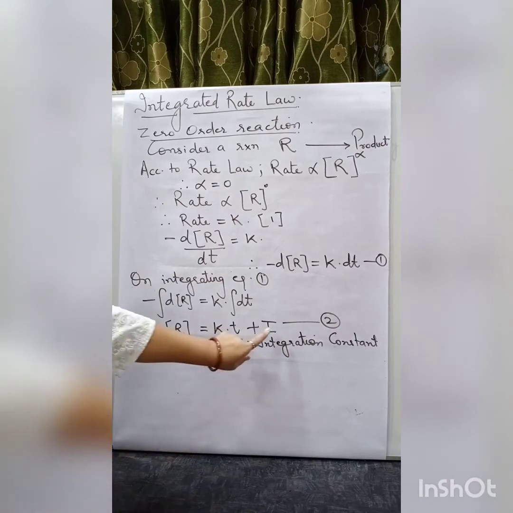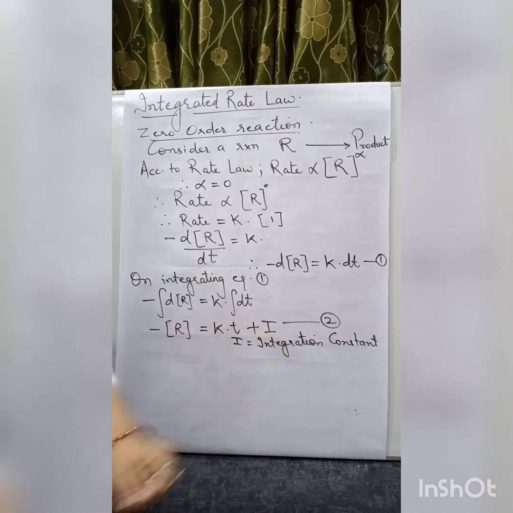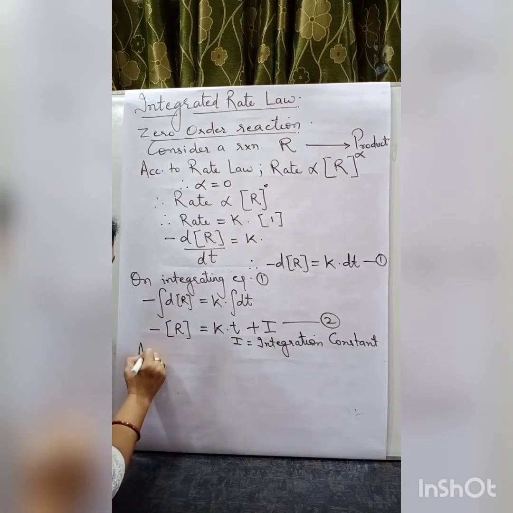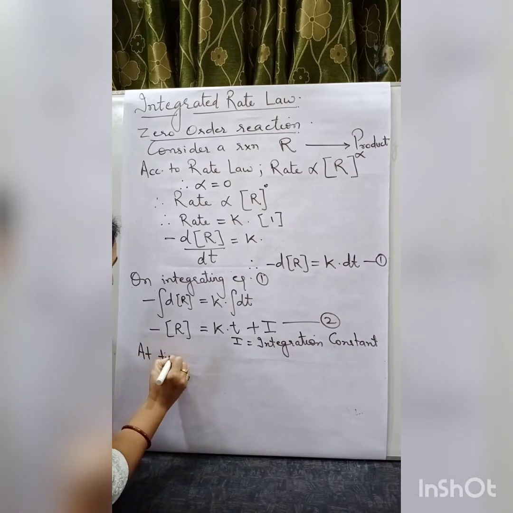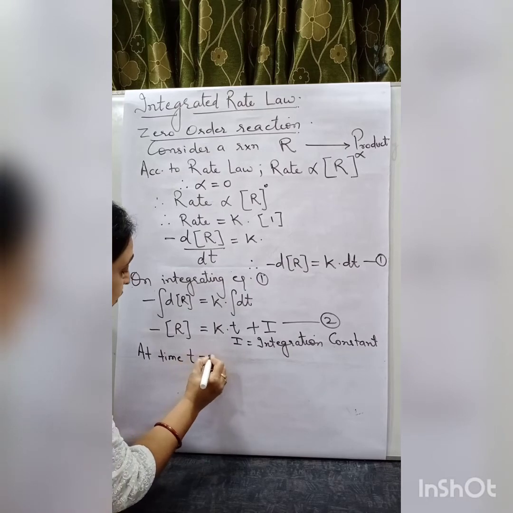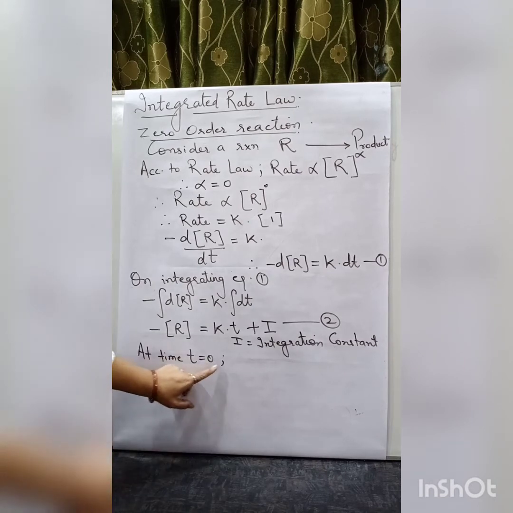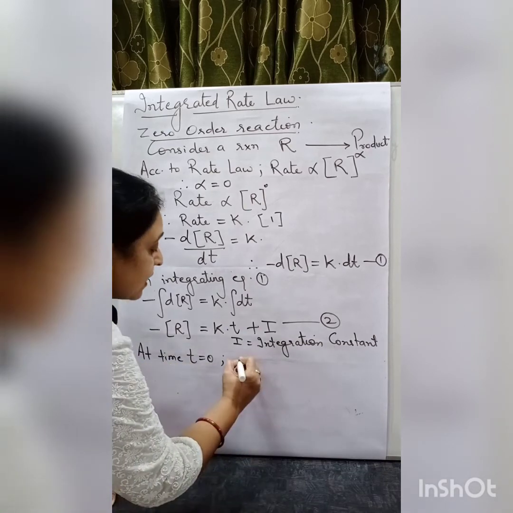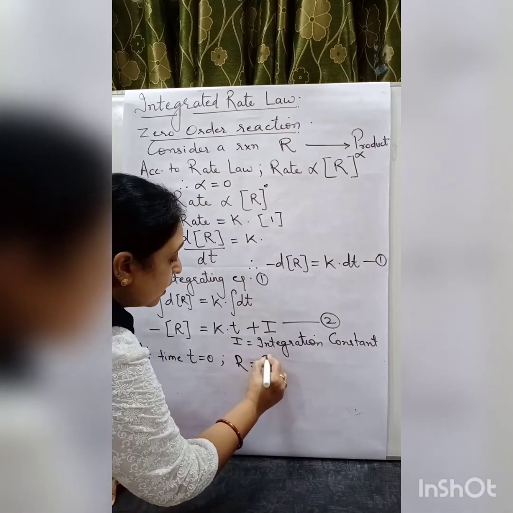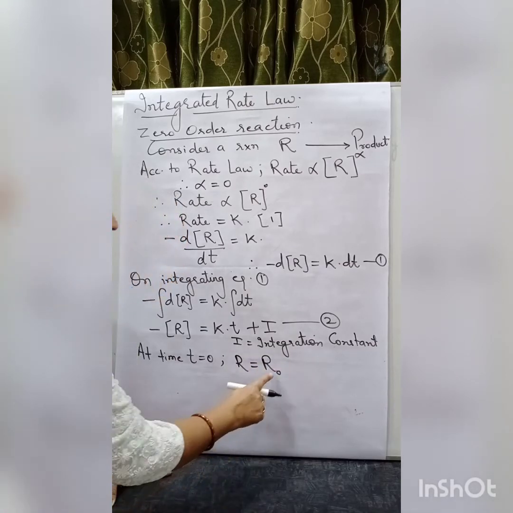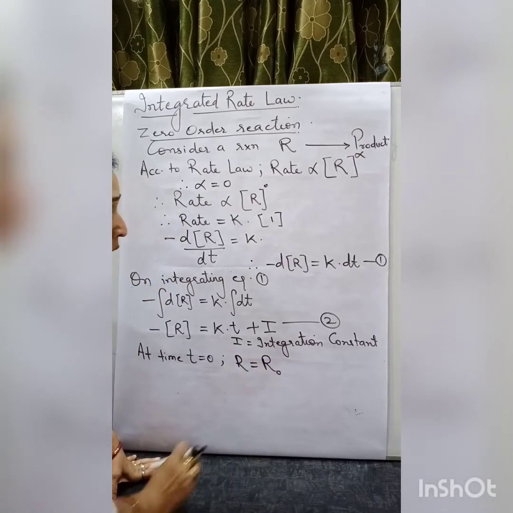Now you have to calculate the value of this integration constant. At time T equal to 0, that means the reaction has not started, we can write R is equal to R0. What is this R0?